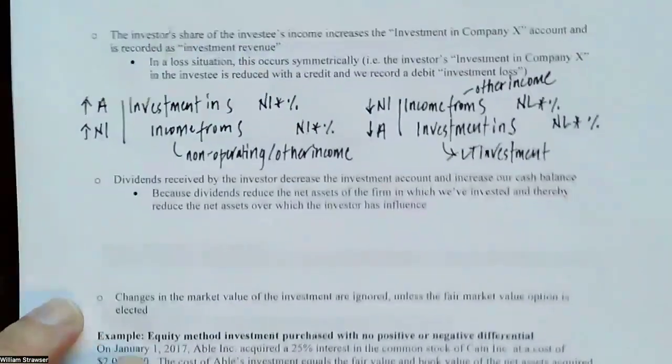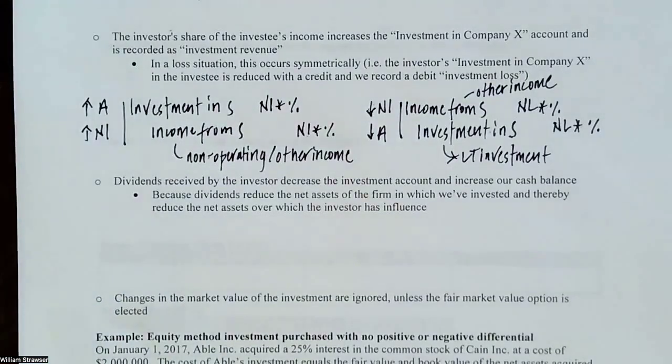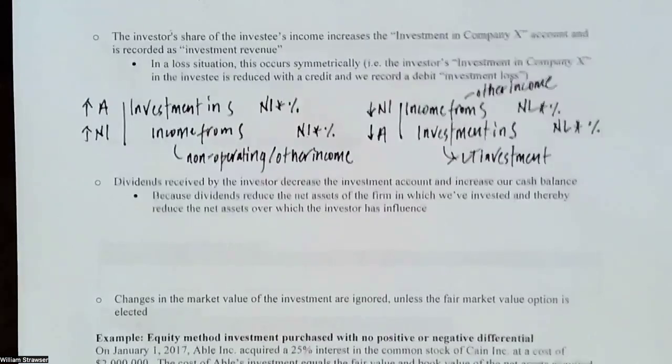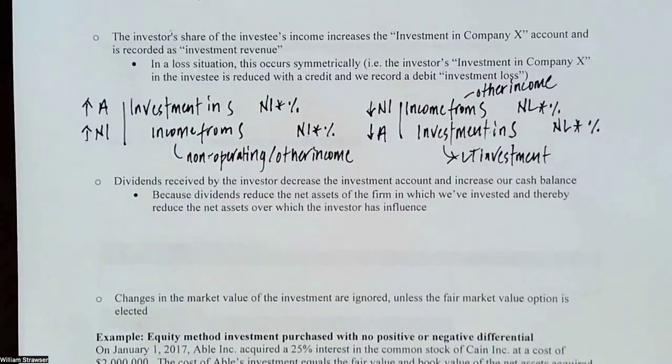Dividends. What's the effect of dividends on equity? So if we declare dividends, right, that's a hit to retained earnings, and therefore it reduces equity. So when our investee is paying dividends, they're reducing their overall net assets.